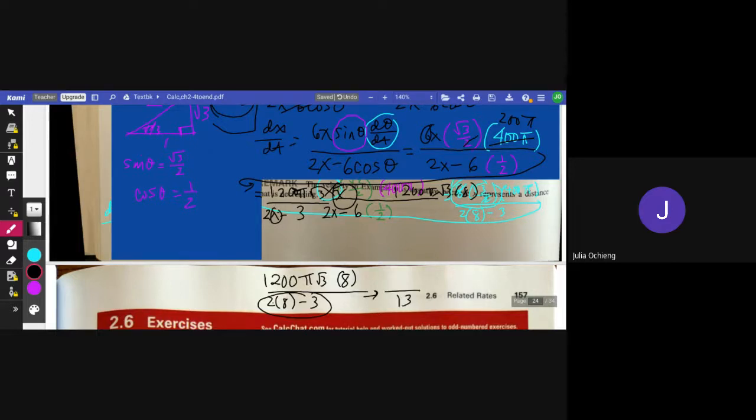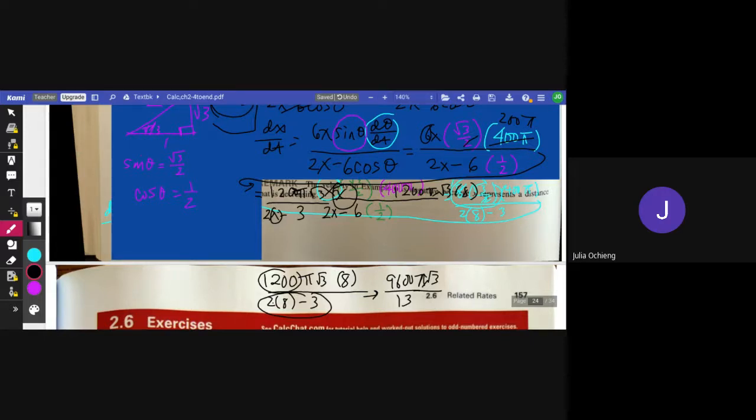The top is going to be 1200 times 8, which is 9600 pi root 3 over 13. And 9600 divisible by 13? It is not. So this would be my final answer if we need an exact answer.